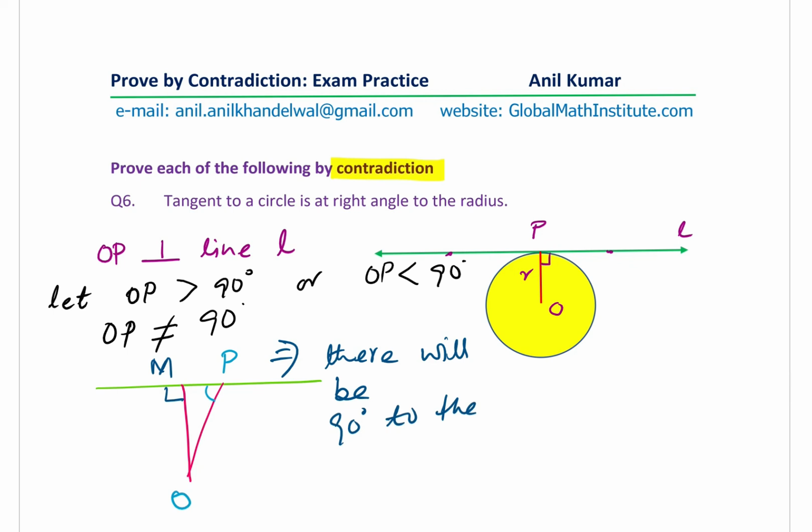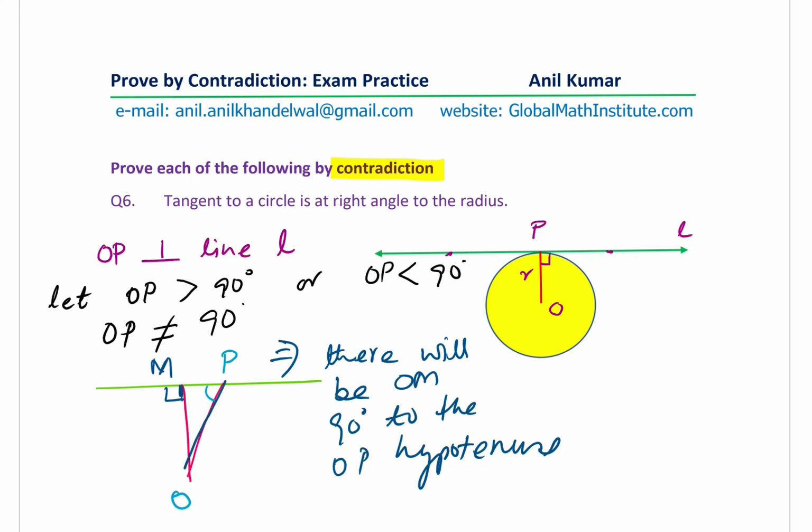So from the center, I could have a point M, OM, which is at 90 degrees. So in that case, OP becomes the hypotenuse. Correct? If this is 90 degrees, then OP becomes the hypotenuse.